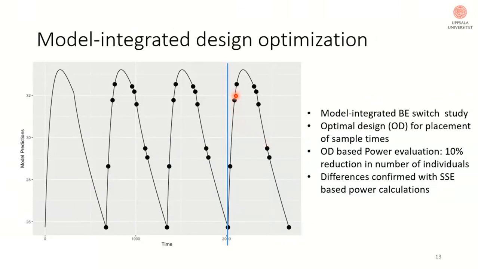You can also see improved power when you then optimize for those model-based approaches. And in this case, we were also able to see that if we optimize the sampling times for the model integrated approach, and even add in an extra period before switching to the test drug and measure 2 periods of reference before switching to the test, we could actually reduce the number of individuals needed by 10% in this study.